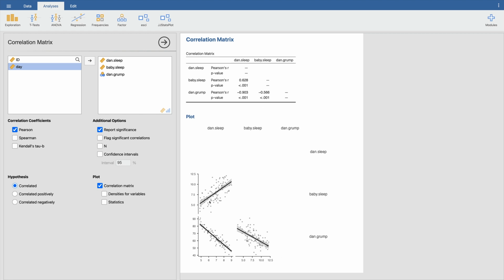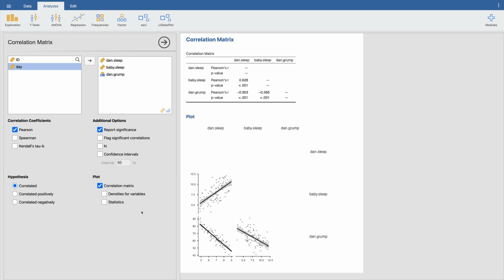The line that you see there is the regression line. And that little cloud is telling us about the error around the line, which comes up more when we talk about regression. It's more of an advanced topic, but it's basically like a standard error, a way of telling us how much error we have along the regression line.